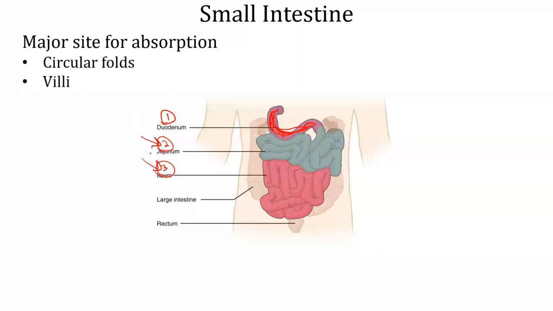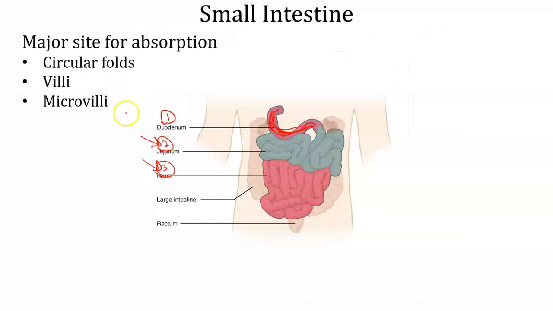Now, all across the small intestine, specifically in the jejunum and the ileum, the name of the game is to increase surface area. Increased surface area lends itself to greater absorption. There are three features that allow that surface area to be greatly extended above and beyond what normally would be.